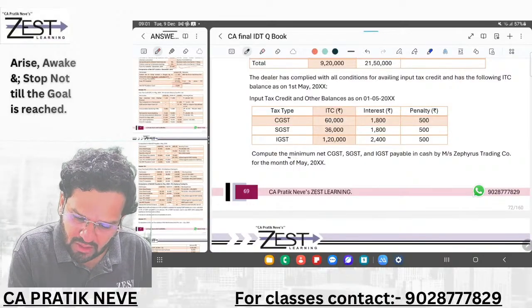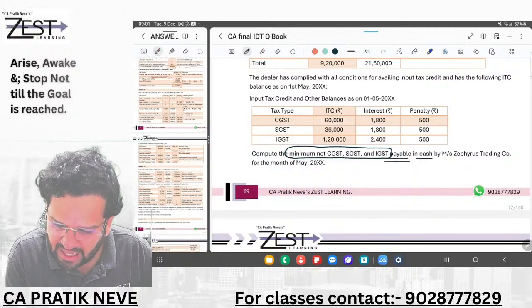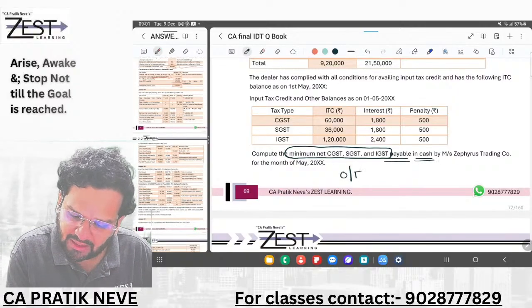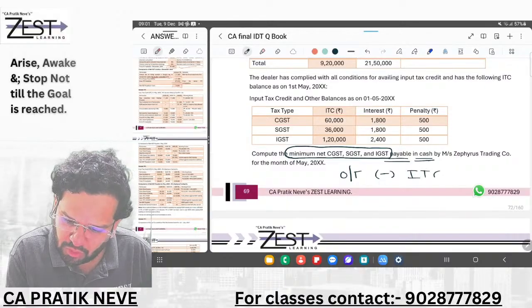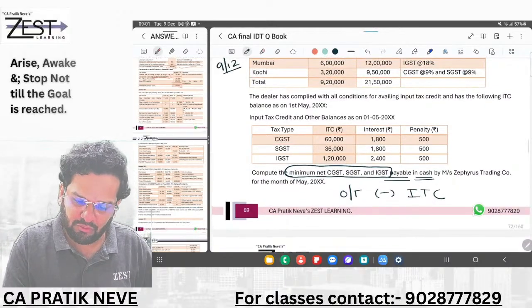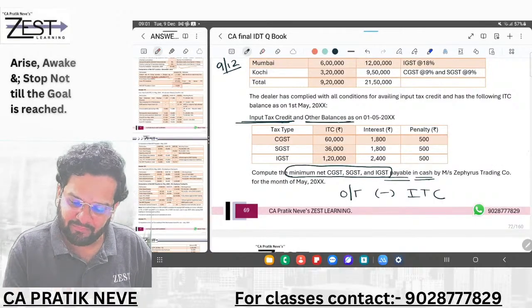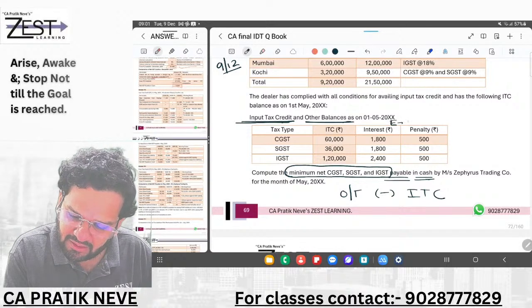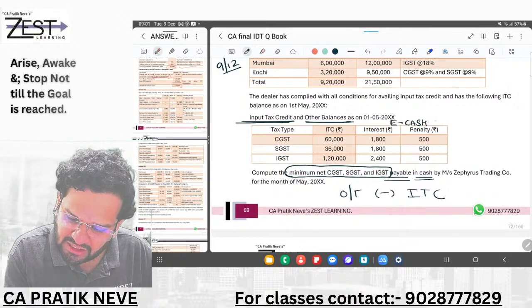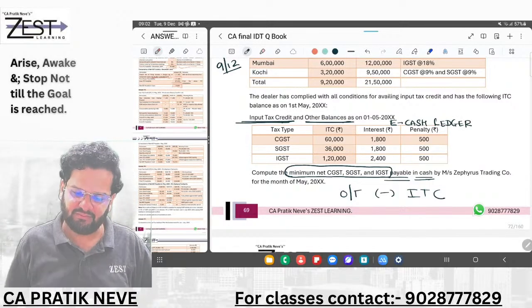What you have to do: minimum CGST, SGST and IGST payable in cash means output tax minus input tax credit. Mind you, input tax credit and other balances are given. This interest and penalty balance is in e-cash ledger.